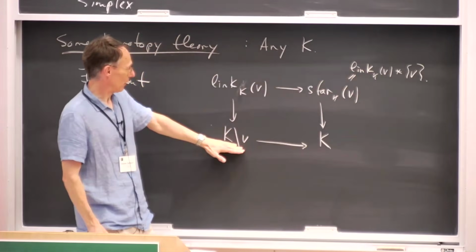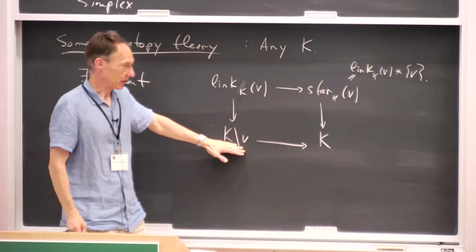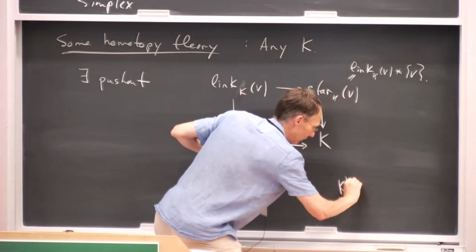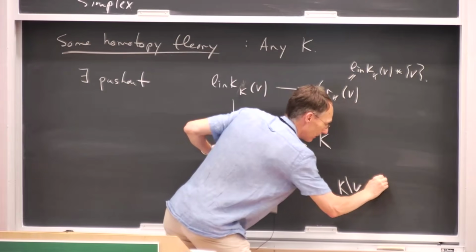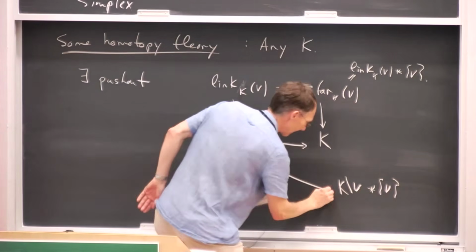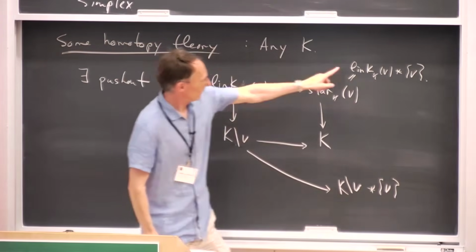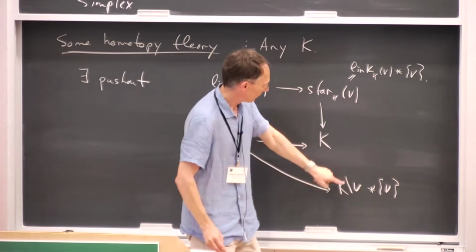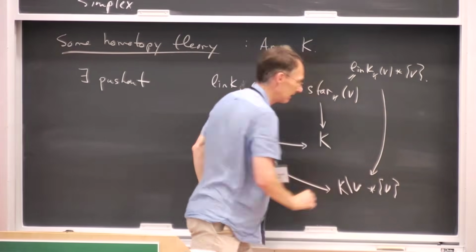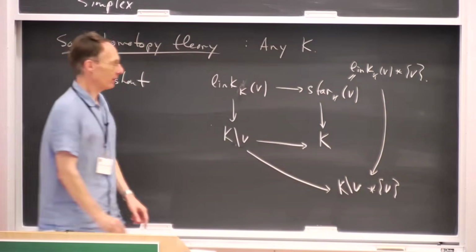On the bottom, take this restriction and include it into itself joined with the same vertex. And along this side, include the link into the restriction and join everything with the vertex. And you have a nice commutative diagram, so there's a push-out map.